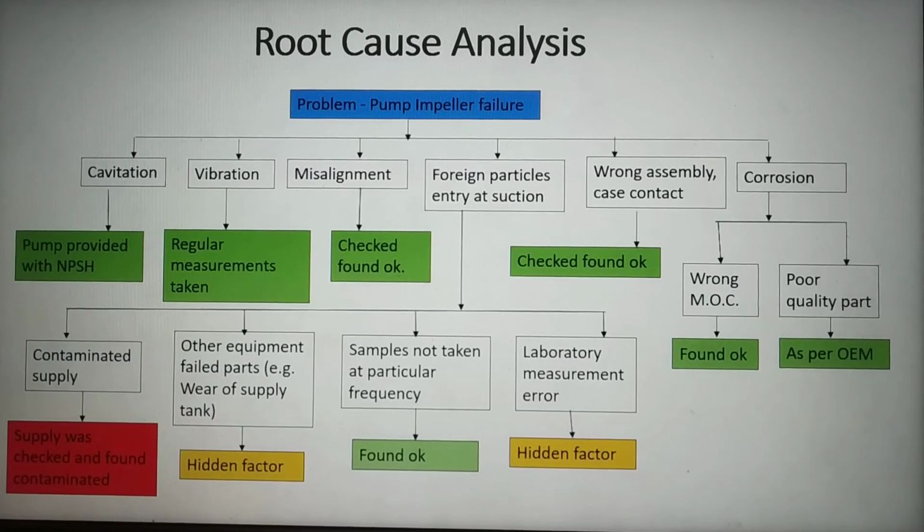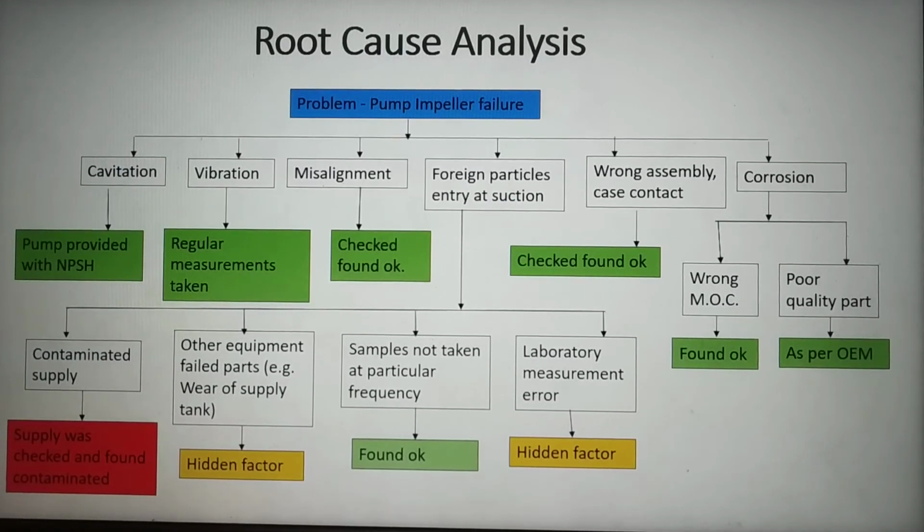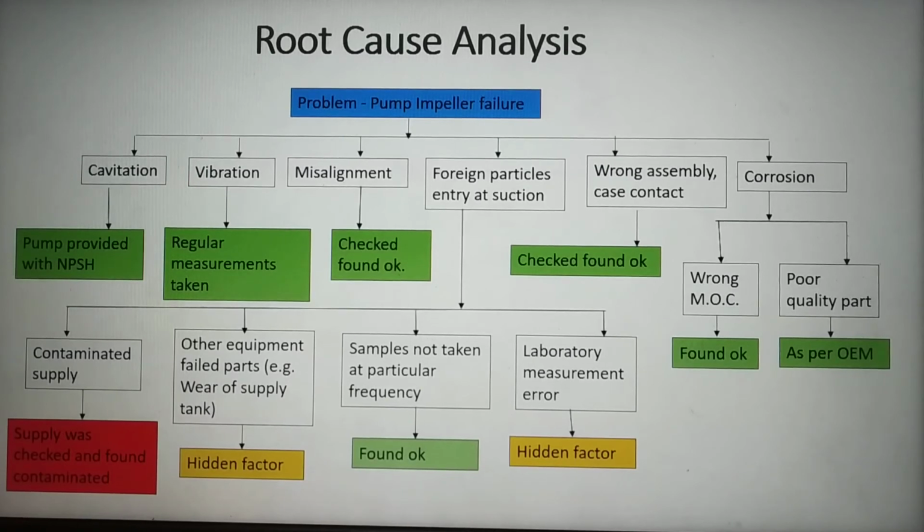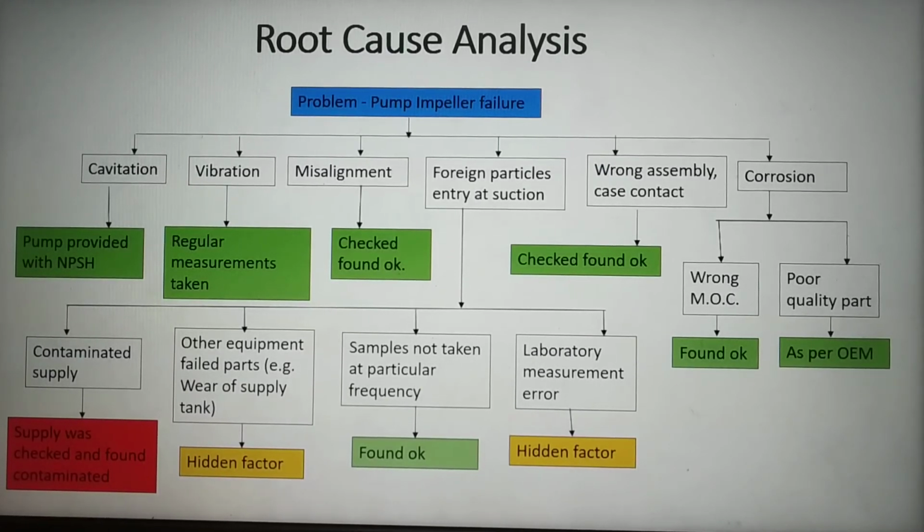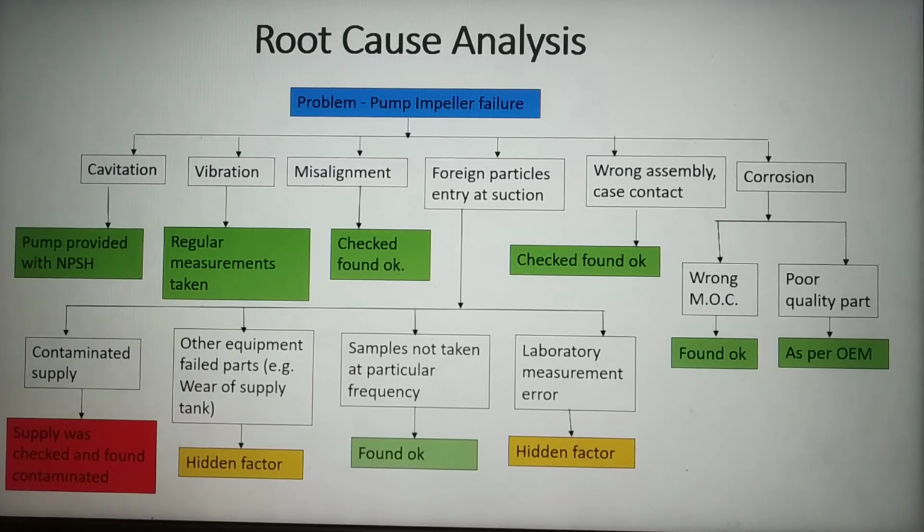So we are going to check the other equipment failed parts, or we are going to check the laboratory, or provide some control for this laboratory measurement error. So first of all, we are going to check the supply.